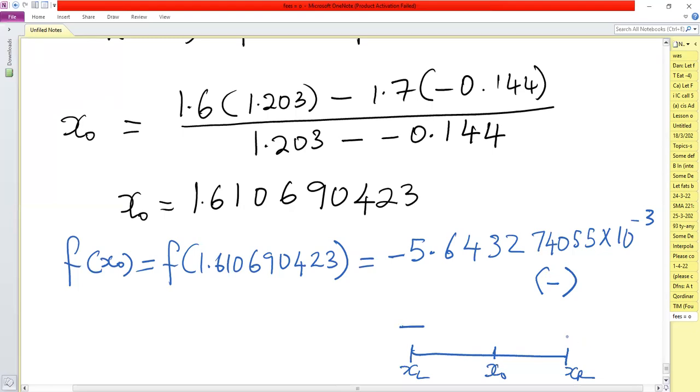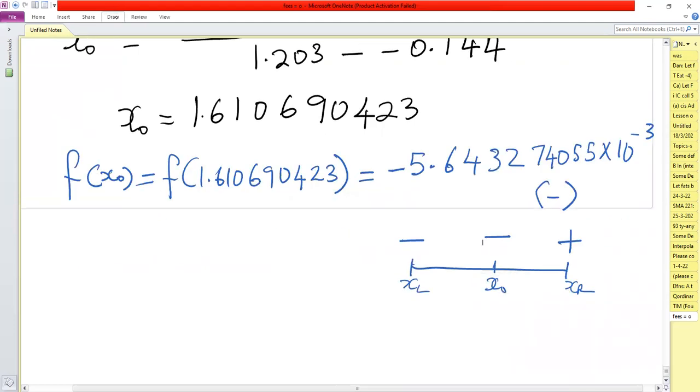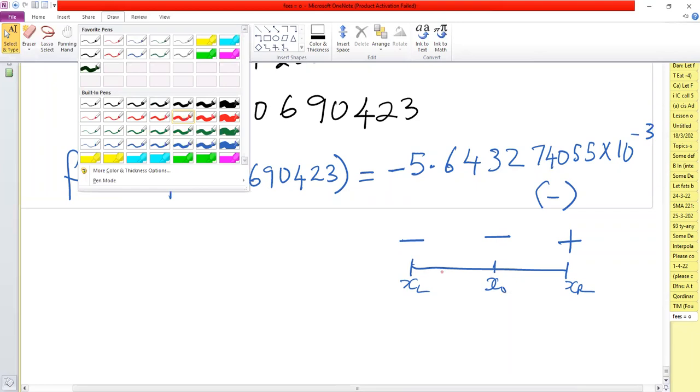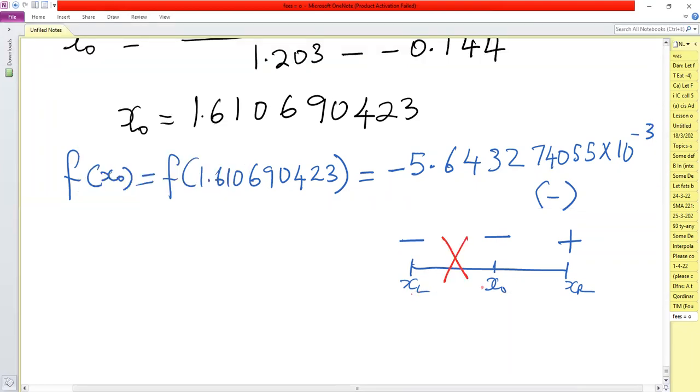The value of the function at XR was positive. And here f of X naught is giving us a negative value. So this tells us that a root cannot lie between XL and X naught because both endpoints are negative. So the root will be within this interval. Therefore, the next iteration, X1, will lie between X naught and XR.